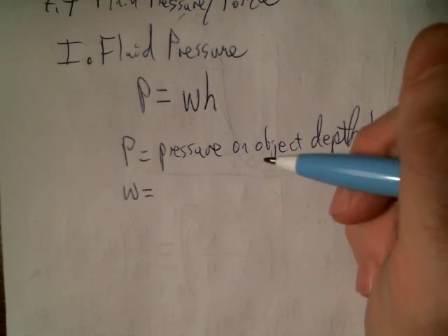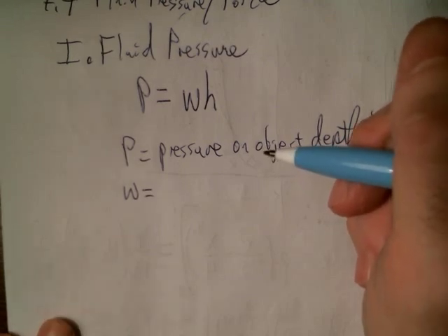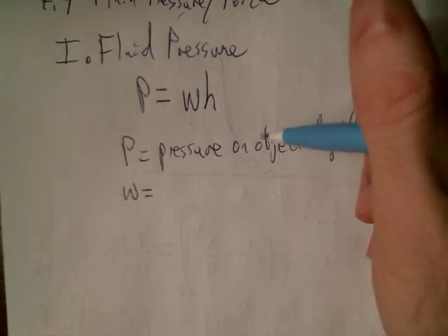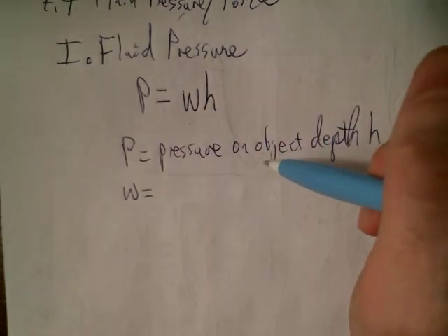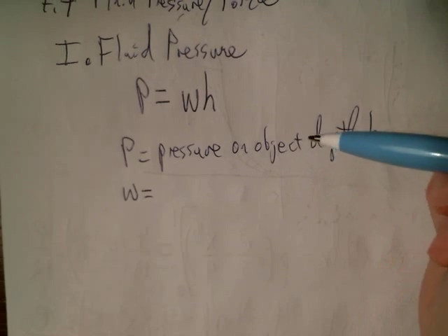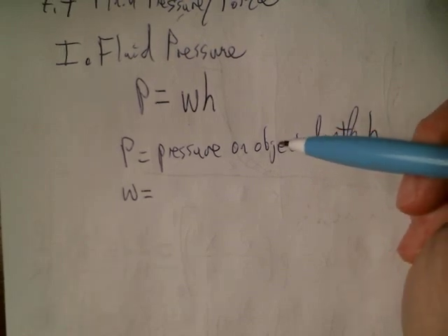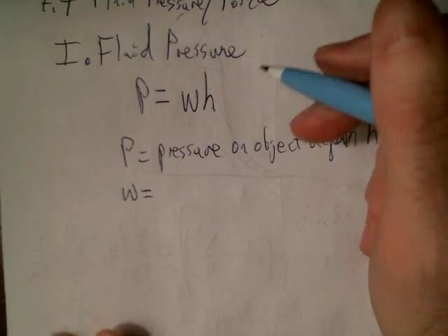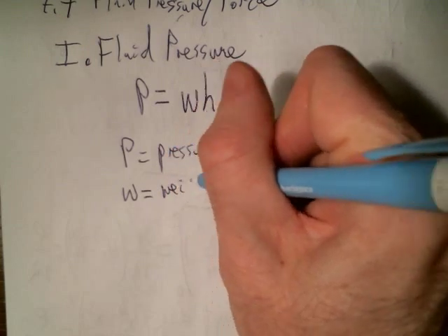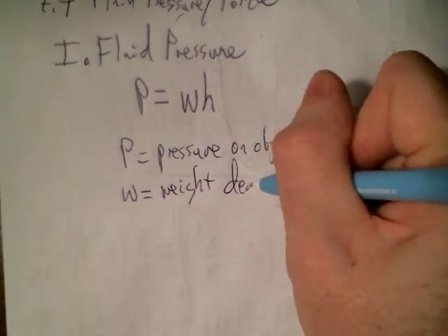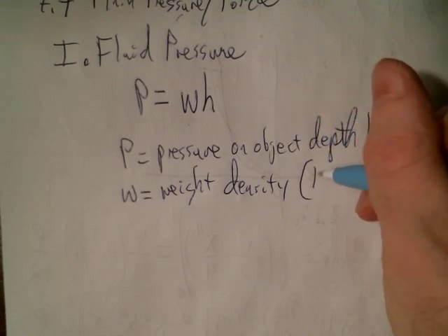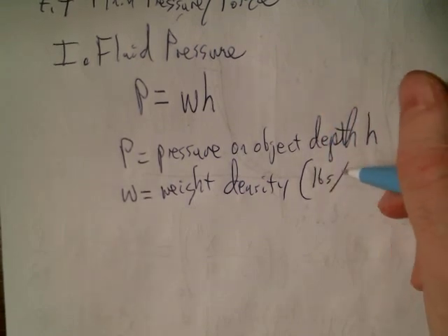And this time it's per volume. In the previous section, when we were dealing with the laminar plates, it was per area. But here, weight density is going to be in some units like pounds per unit volume.